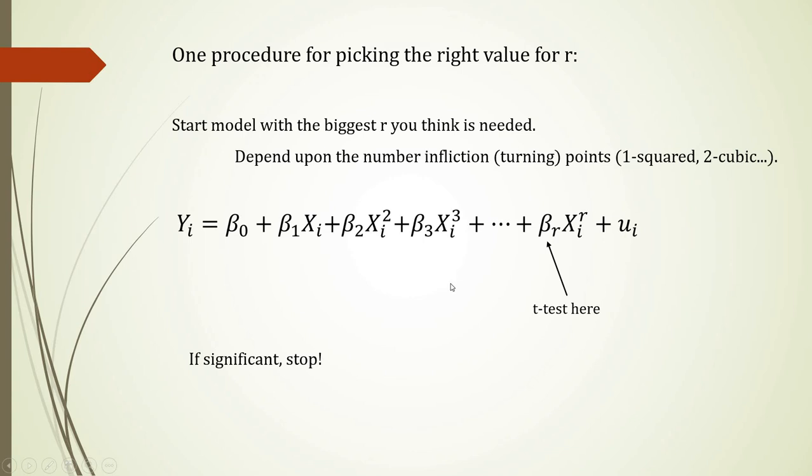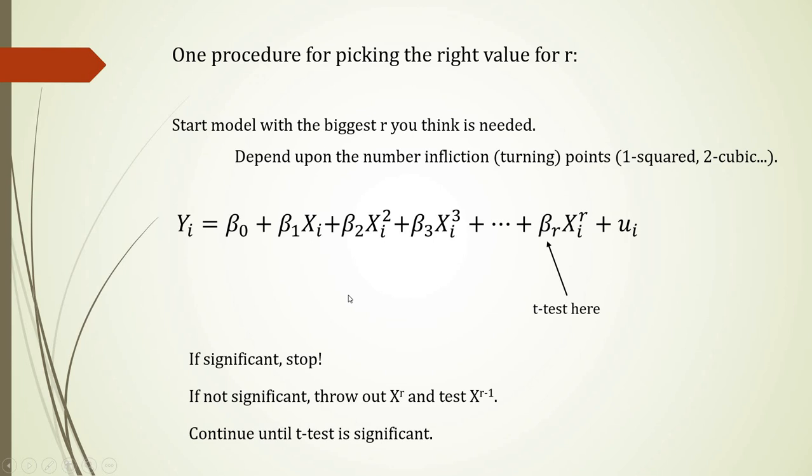If not, then you will erase it from the equation, start a new model without it, and then again test the highest polynomial term. So we go backwards until you discover that some r, or some independent variable on the power of, let's say, 2 is statistically significant. Then you will stop, and your model will be a quadratic model. Okay, so this is a recommendation.